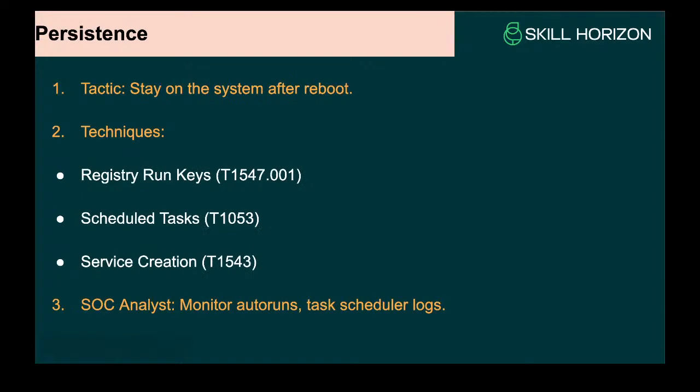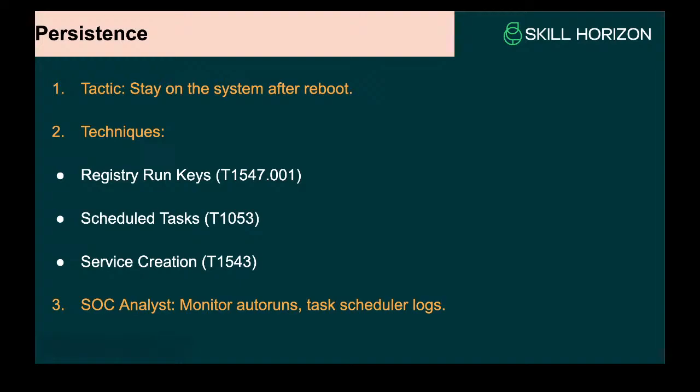If I take one more example, like persistence, the persistence means the attacker has already compromised your system, and then the attacker wants to stay on the system even after reboot or logout. Suppose the environment shuts down, or there is a logout or a reboot, the attacker will lose their access, but they do not want to.